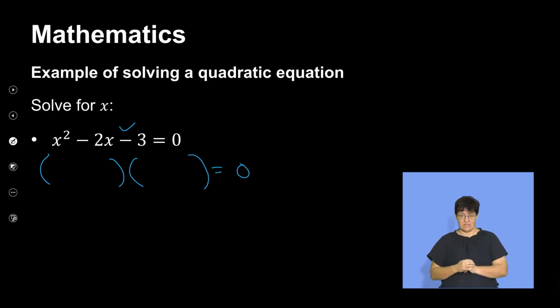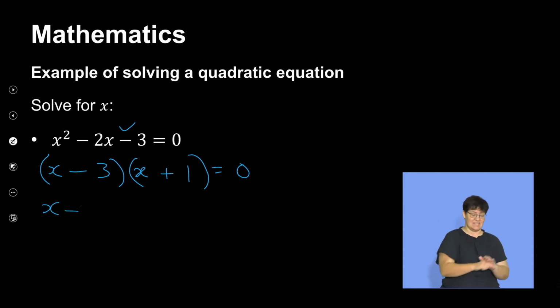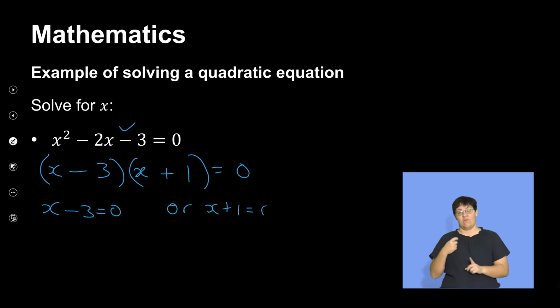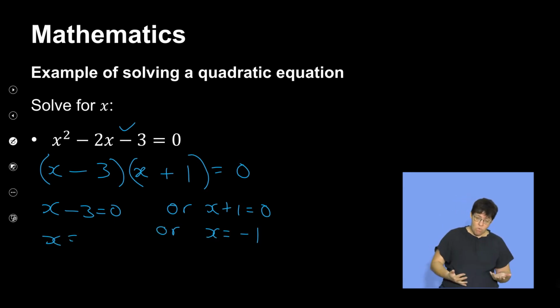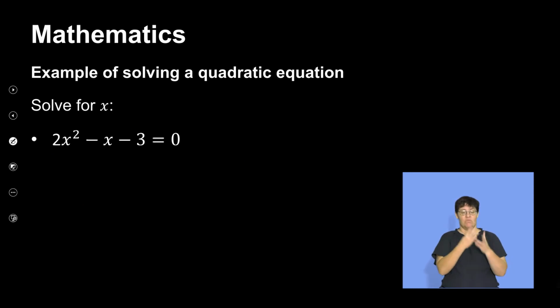So it means this will be x, and then I will have 3 and 1, minus plus, and then my two solutions will be x minus 3 equal to 0, or x plus 1 equal to 0. Then my x will be minus 1, or my x will be equal to a positive 3. And those will be my two solutions for this particular question.